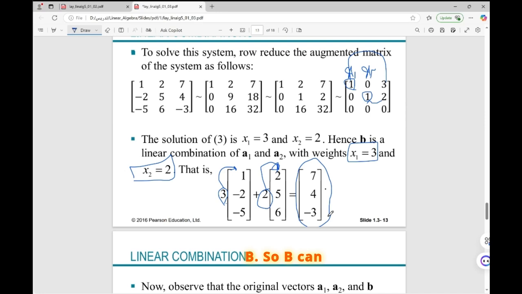So b can be written as a linear combination of a1 and a2, because b, which is this vector, 7, 4, minus 3, equals 3 times a1 plus 2 times a2, right? Okay, let's stop here.